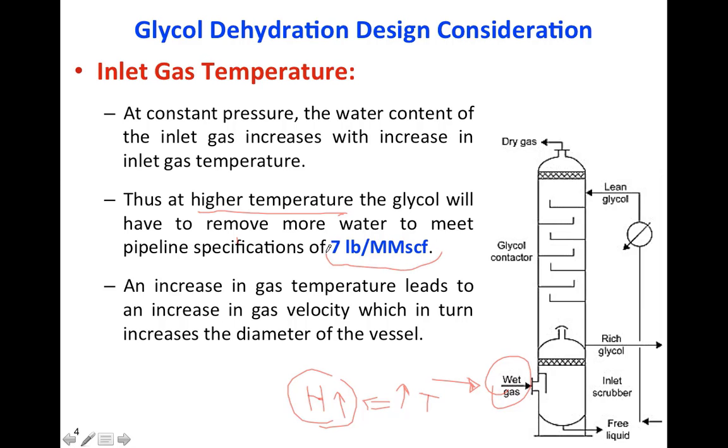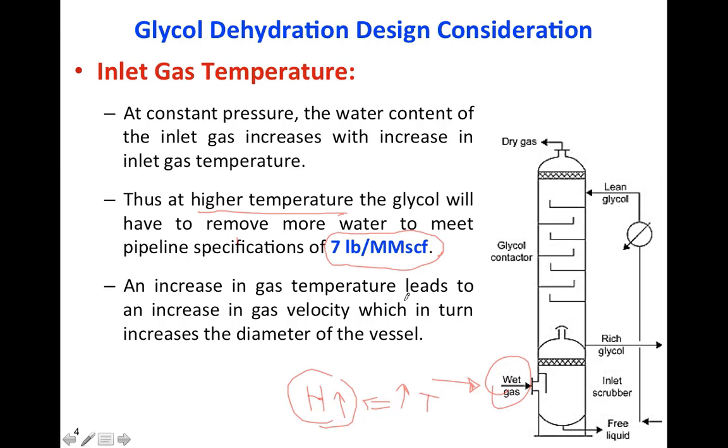This is the standard, the maximum amount of water that we can have in our pipeline, which is 7 pounds of water per million standard cubic feet of natural gas. So we have to always remove water to reach this standard. If you have a higher inlet temperature, it means we have more water content, and we need a bigger device, or we have a bigger job to do.